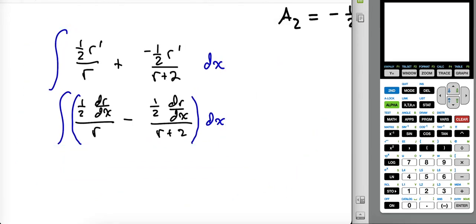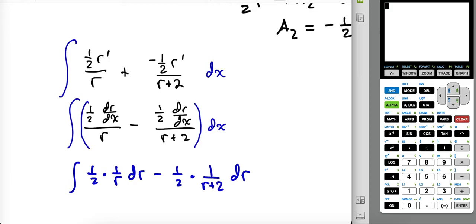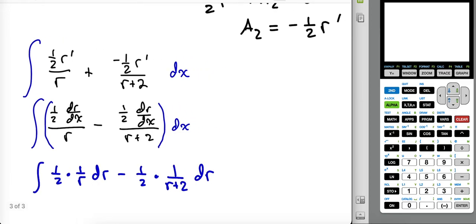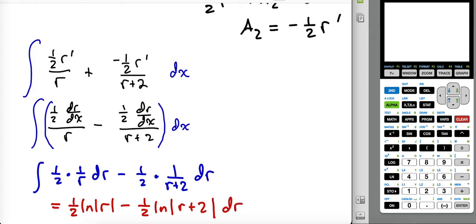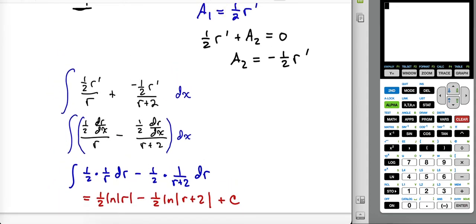So, cleaning it up further, I would have 1/2 times 1 over r dr minus 1/2 times 1 over r plus 2 dr, which in turn would give me 1/2 ln of r minus 1/2 ln of r plus 2, plus c. I was able to fit that to the natural log rule.